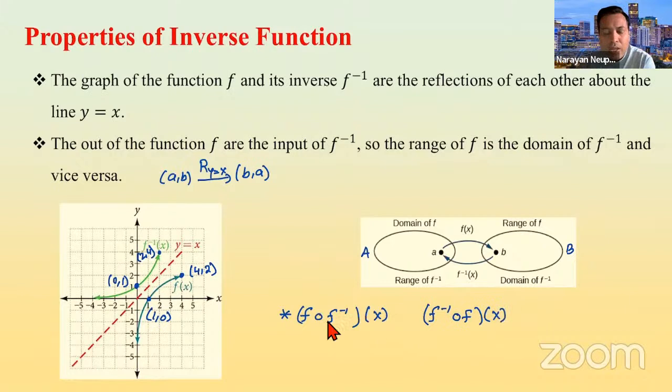Either way, these two values will be equal. If f and f inverse are inverses of each other, then the result is always equal to x. Whatever the input is, you get the same output. The meaning of that is the composition of a function and its inverse is an identity function. So you can also add this as a third property if you want.